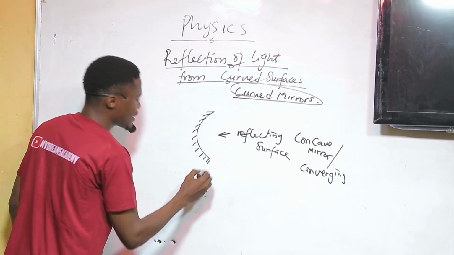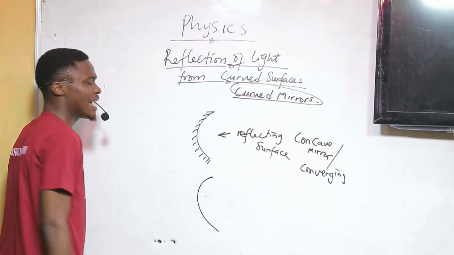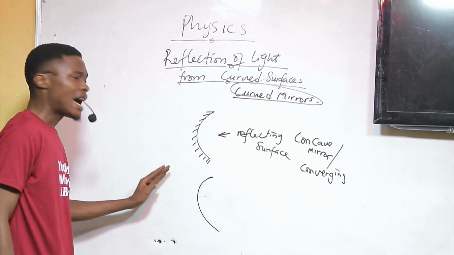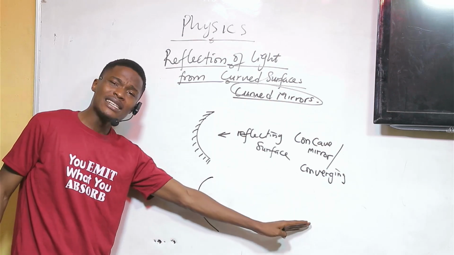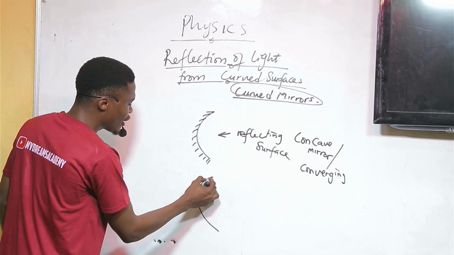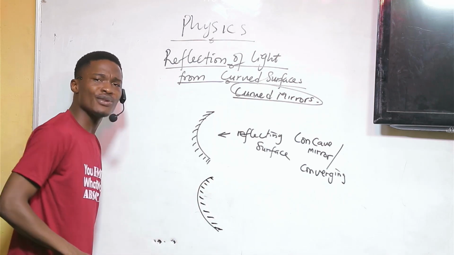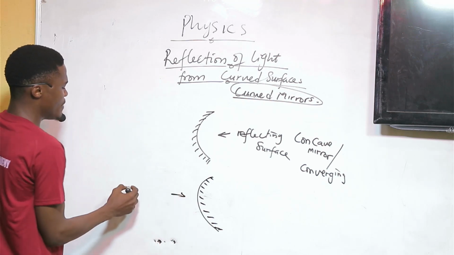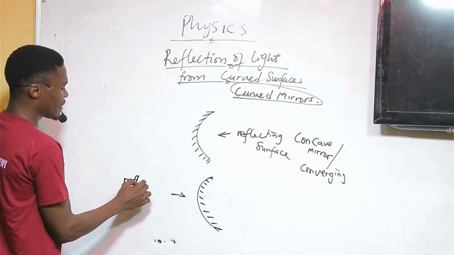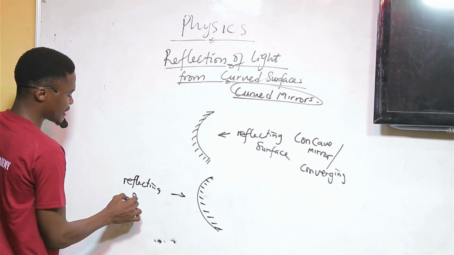Mirror. Now what else? If I bring that glass and decide that I don't want to coat the outer part, I want to coat the inner part. Now if I coat the inner part, it means that the outer part becomes the reflecting surface. So here now becomes the reflecting surface.